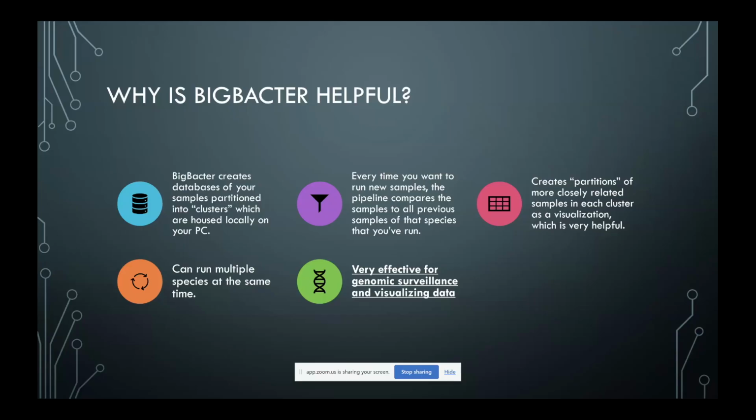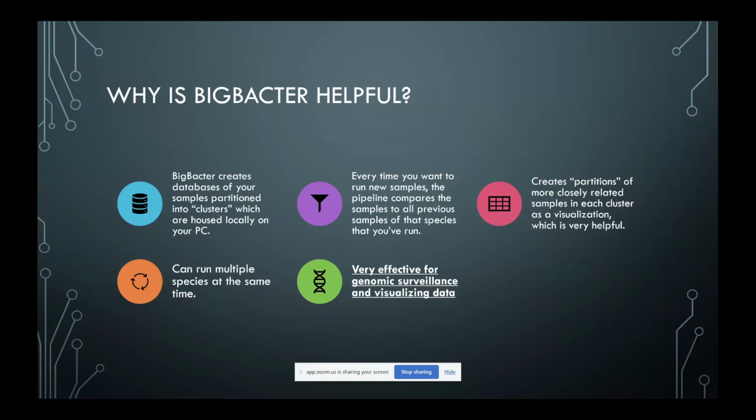It also creates what are called partitions, which are essentially more closely related samples in each of these clusters as a visualization. They're usually color coded in some way, and it can help identify more closely related samples, even in a given MLST scheme, very easily.